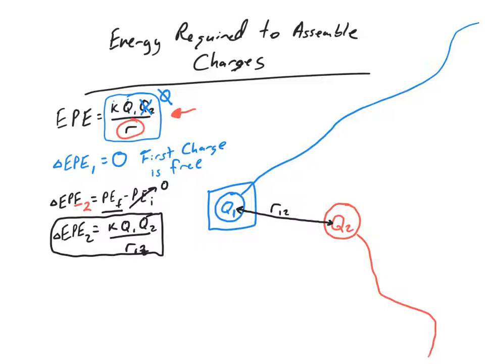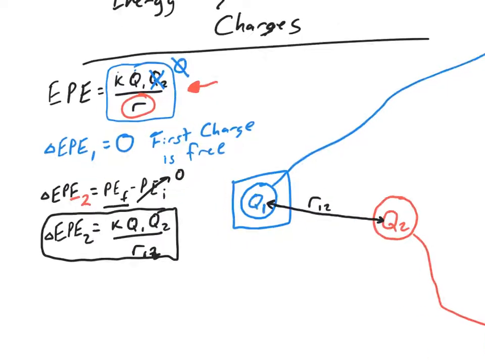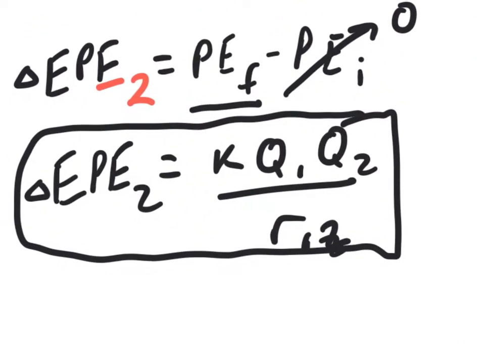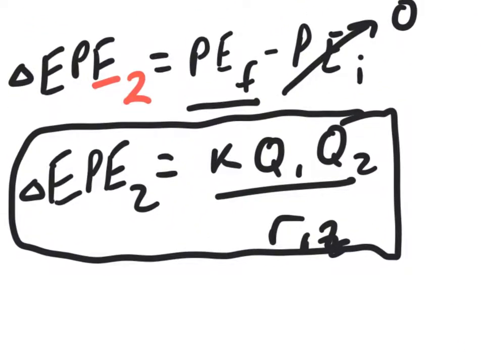A note about this value. This could be a positive or a negative value. If we are dealing with two positive charges, then we've got positive and positive multiplied to be positive. If we're dealing with two negative charges, negative and negative multiplied to be positive.